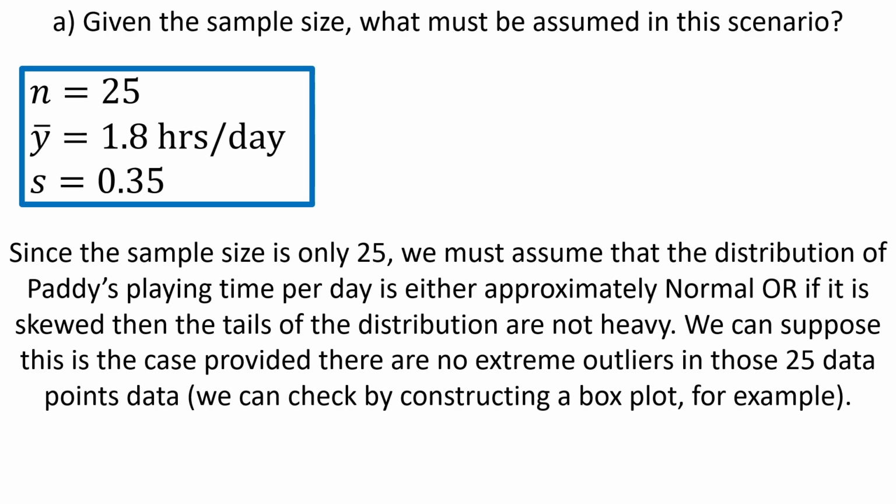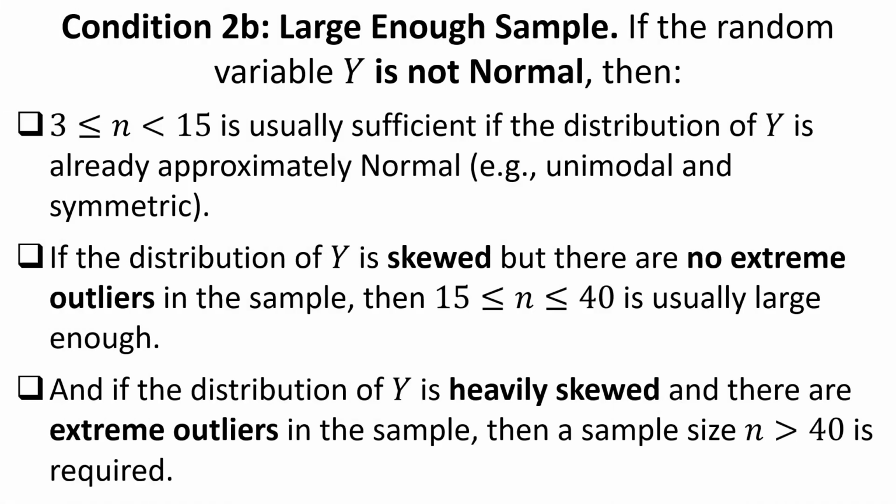So if we actually had the data, we could make a box and whisker plot, and that would tell us whether or not there's outliers, extreme outliers. And so what am I appealing to provide this answer? I'm appealing to those conditions where if the underlying distribution for individual measurements is not normal, then we have our 3 cases.